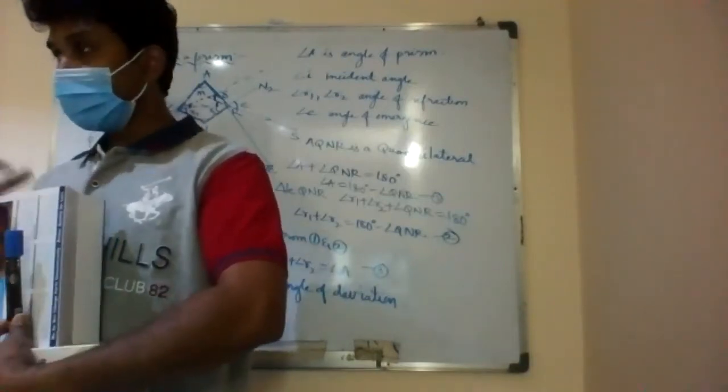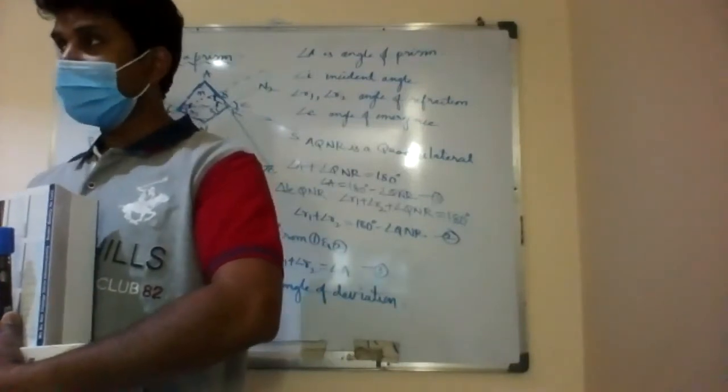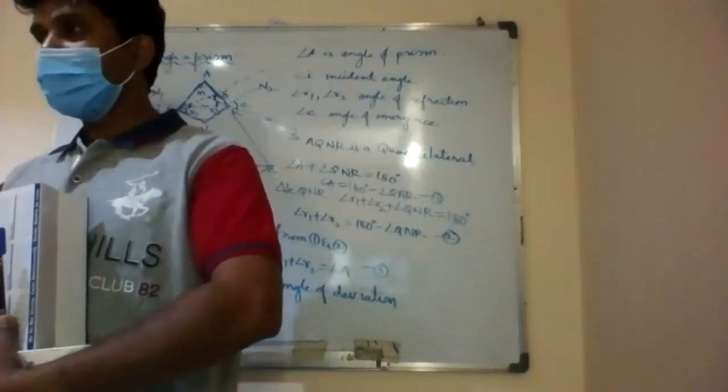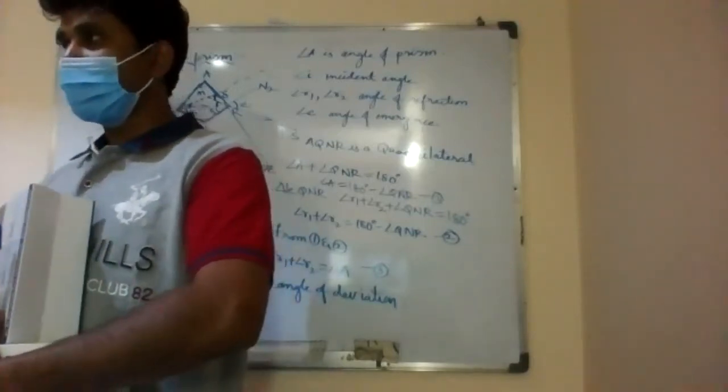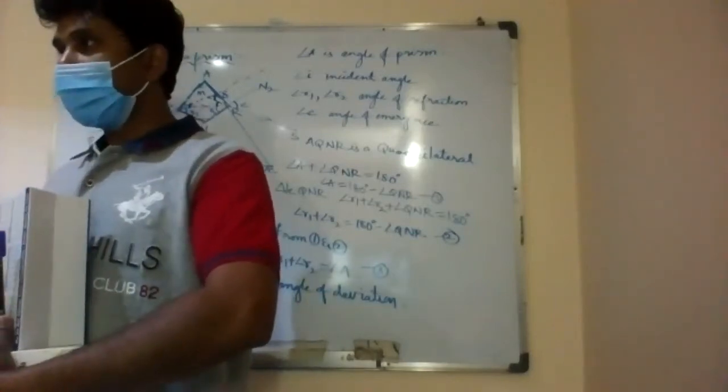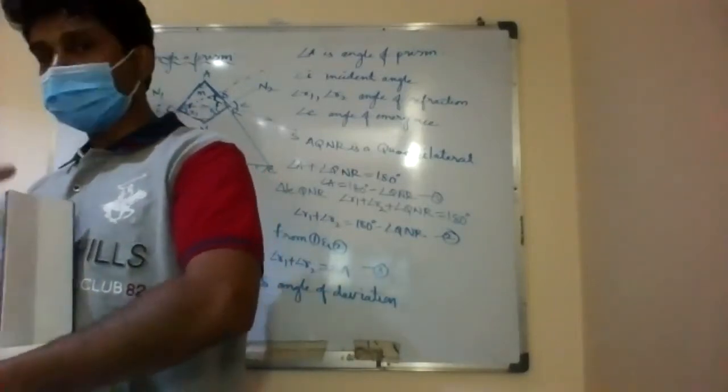When you really do this experiment in the lab, we generally use a spectrometer, not the chemistry spectrometer. In physics also we have a spectrometer. There is a round table on which we keep the prism, and there is a collimator and a telescope that I will explain.